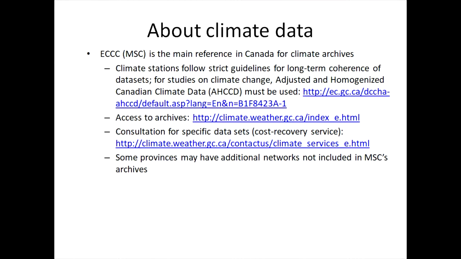These data sets really are station measurements, and therefore follow very strict guidelines, and they can be considered as being coherent and consistent through time. There are a few instructions here as to how to access these data sets. And of course, some provinces may have more data or more stations that they're taking charge of, and they're not always sharing all this data with the national archives, but really the MSC has the most coherent data set.